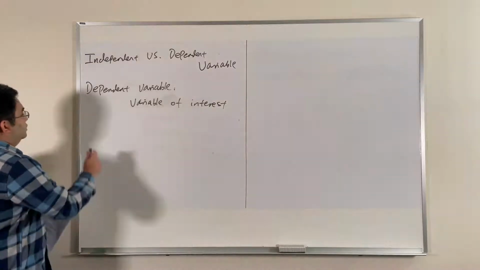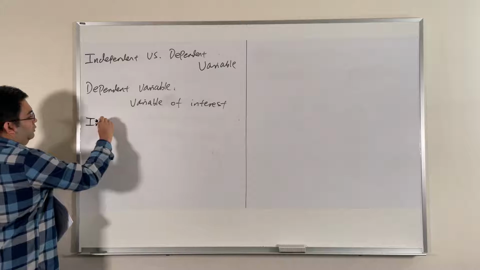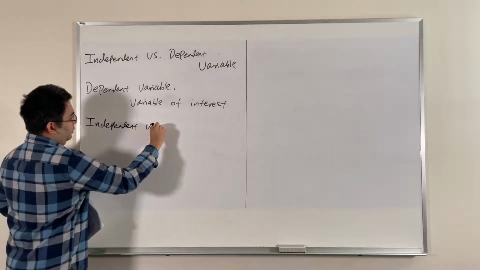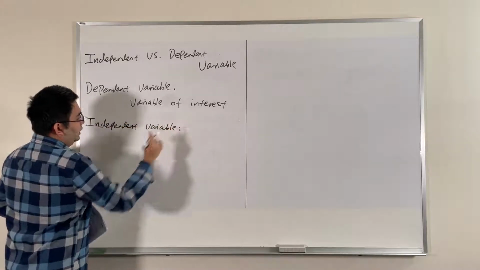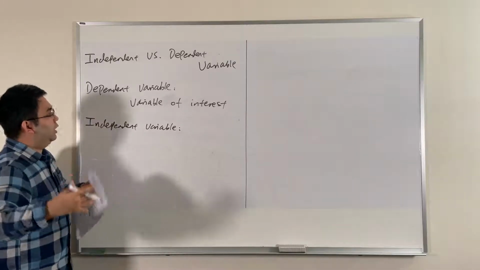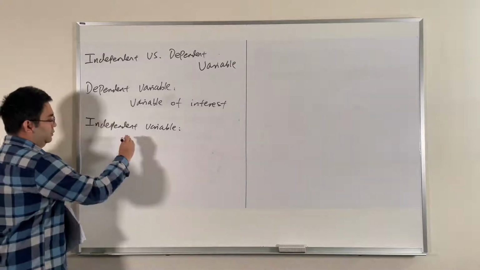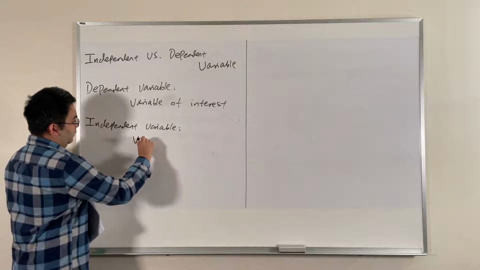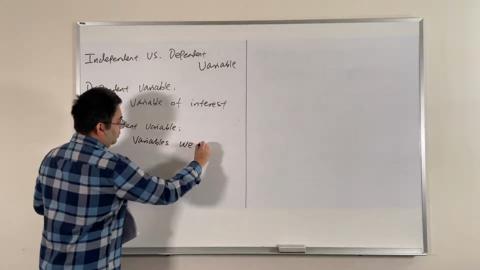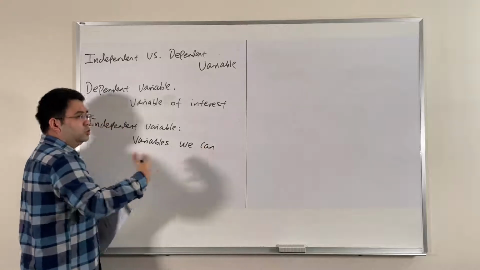Okay, so compared to independent variable, those are variables that we can control for and they have effects on the dependent variables. So let me just say variables we can, or the researchers, right?